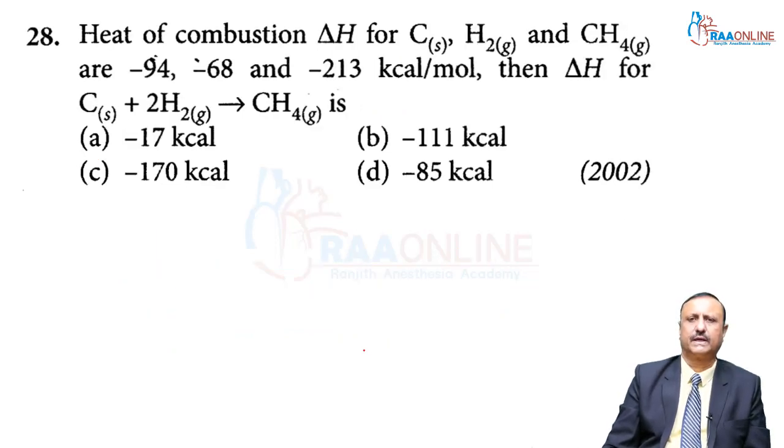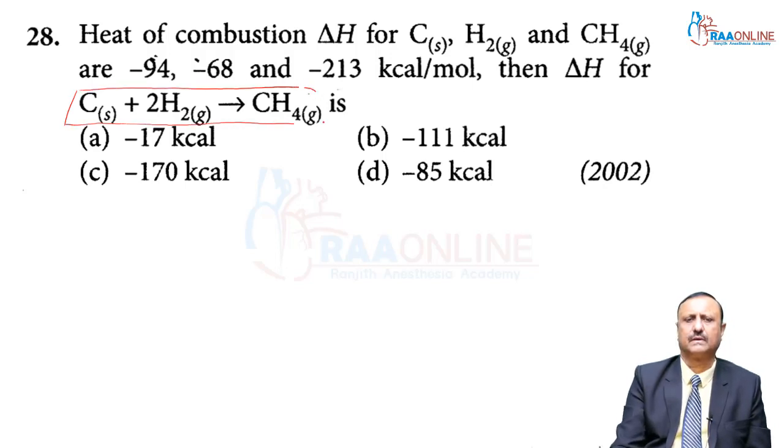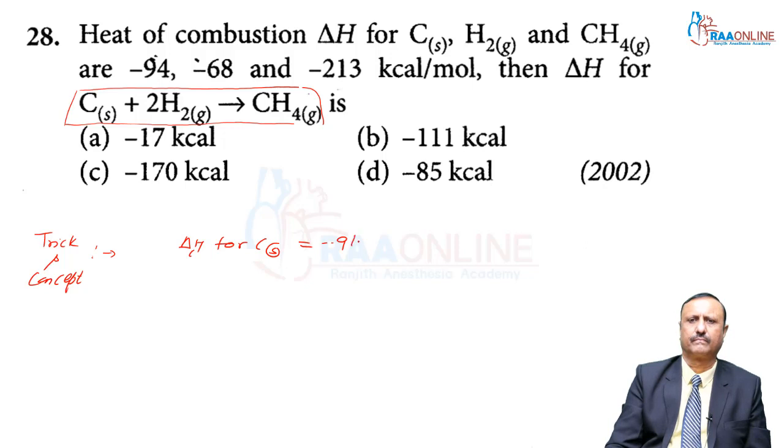Heat of combustion delta H for carbon solid, hydrogen gas and methane gas are given. My dear students, you target this reaction and calculate it. What is the trick and concept to solve this type of question? Delta H combustion for carbon solid is equal to minus 94 kilocalories per mole.